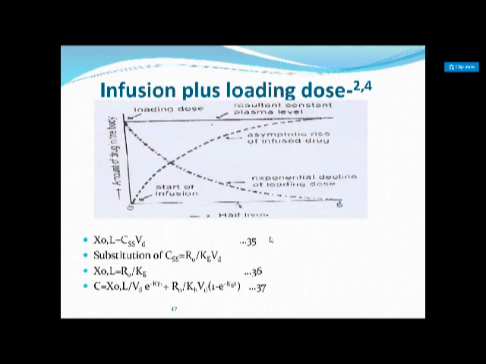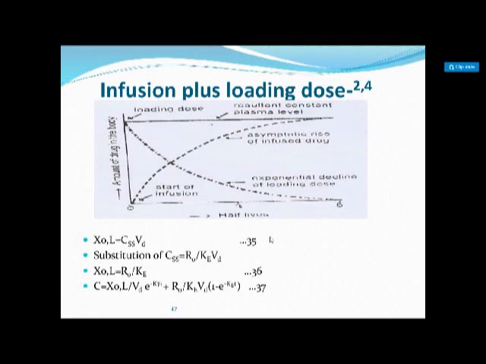Like phenobarbital, it requires near about 5 days to achieve the plateau or plasma concentration, and before 5 days it is in the subtherapeutic level. We know that if the drug is in the subtherapeutic level, it will not produce its effect. So we have to wait for a longer period of time if the drugs have a very long half-life.